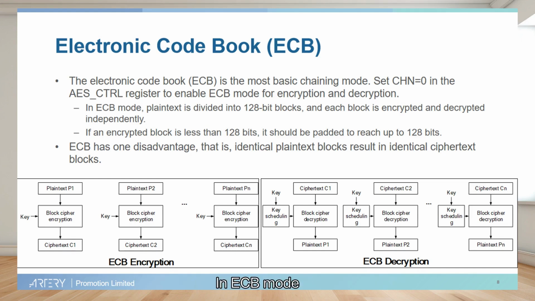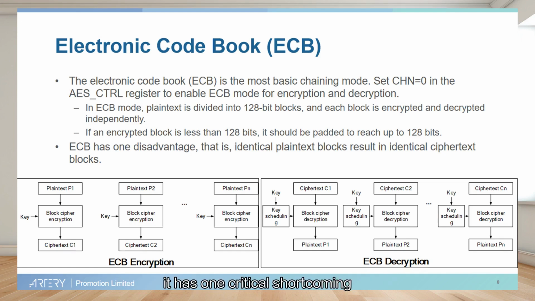In ECB mode, messages are divided into 128-bit blocks for encryption or decryption independently, which means that the encryption or decryption of each block is independent. If one encrypted block is less than 128 bits, it should be padded to reach 128-bit length. In conclusion, ECB supports parallel operation with simple encryption and fast processing.